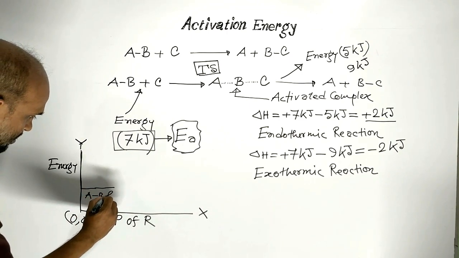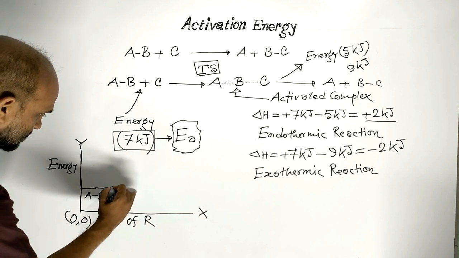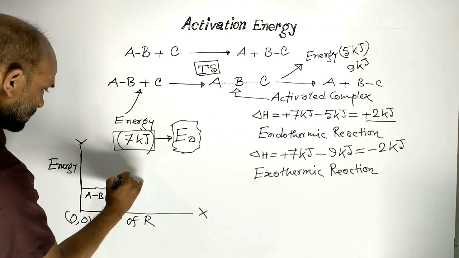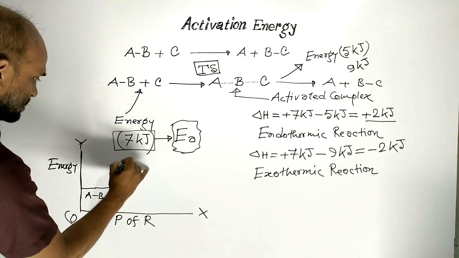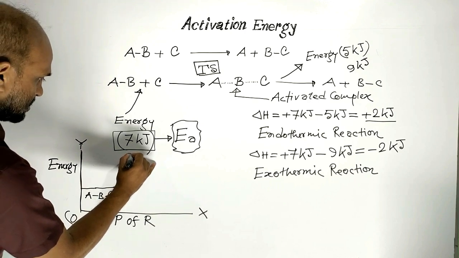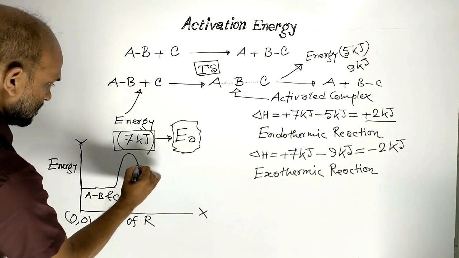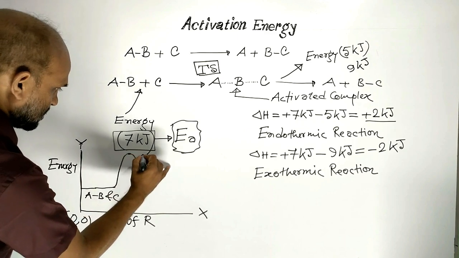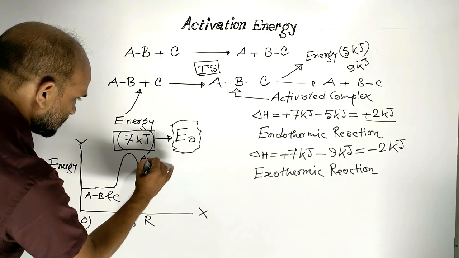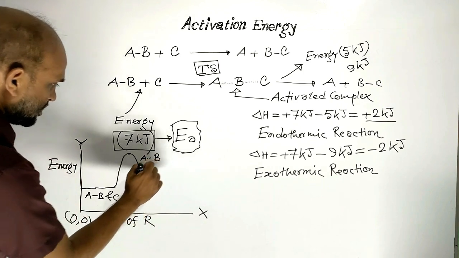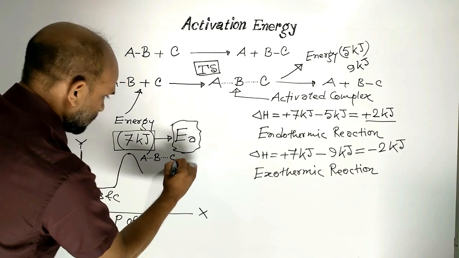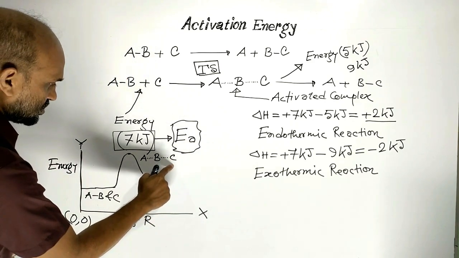A, B and C. Then the compounds absorb some amount of energy, and here this point is actually point of transition state, breaking of AB bond and forming of BC bond.